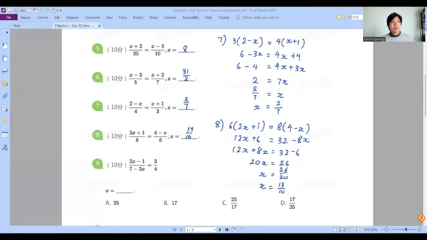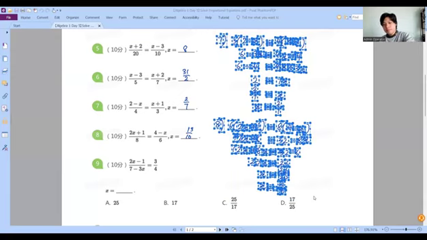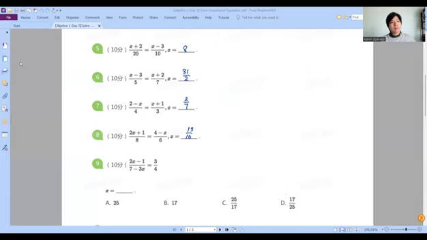Alright, let me clear this out to make space for question 9. Moving on to question 9, it's (2x minus 1) out of (7 minus 3x) equals 3 out of 4.